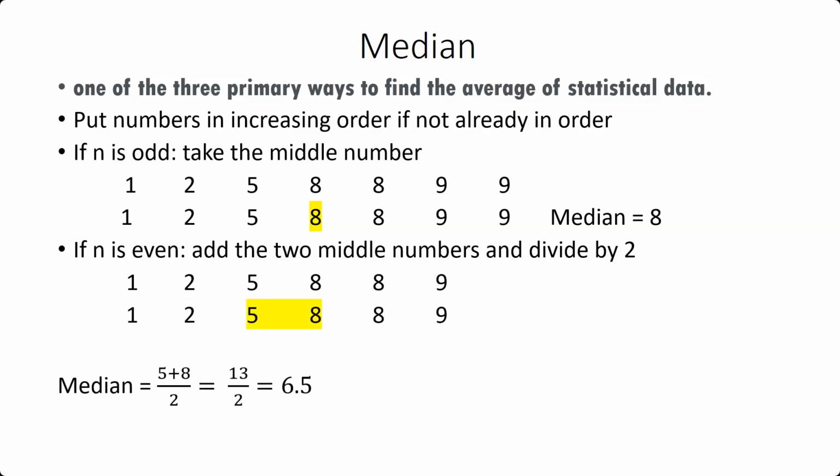So be careful when finding the middle value. Think about odd and even first, after you put them in order. Odd, just take the middle; even, take the middle 2, add them, divide by 2. So 6.5 is halfway between 5 and 8.